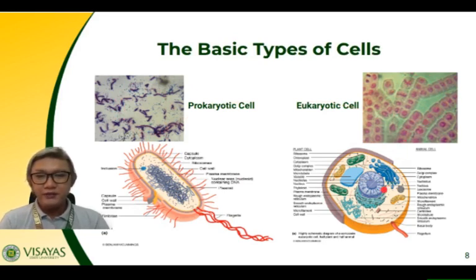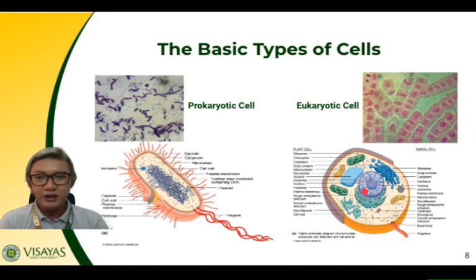Now, the main difference is that in the eukaryotic cell, the genetic material is enclosed by a nuclear membrane, making it distinct from the rest of the other cellular materials, so that it creates the nuclear environment. So this is what we call the nucleus.